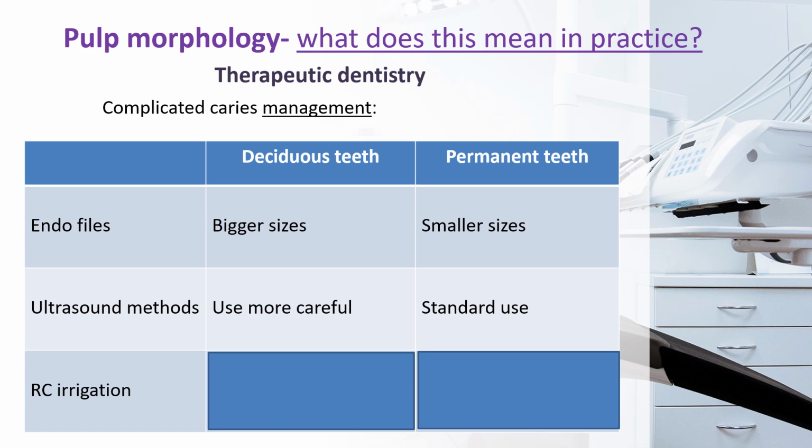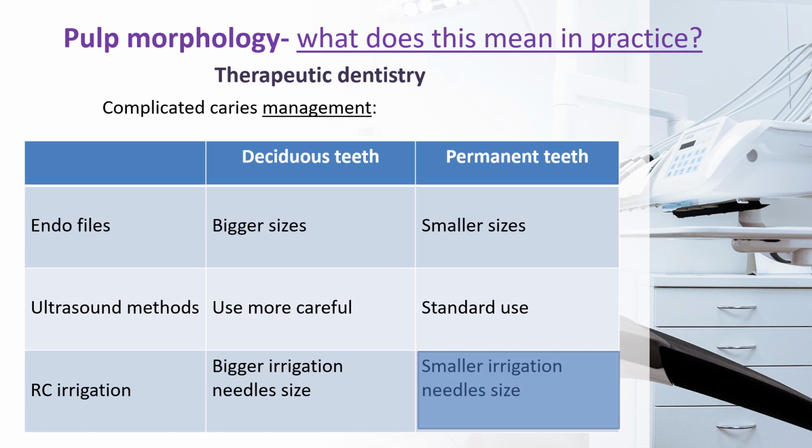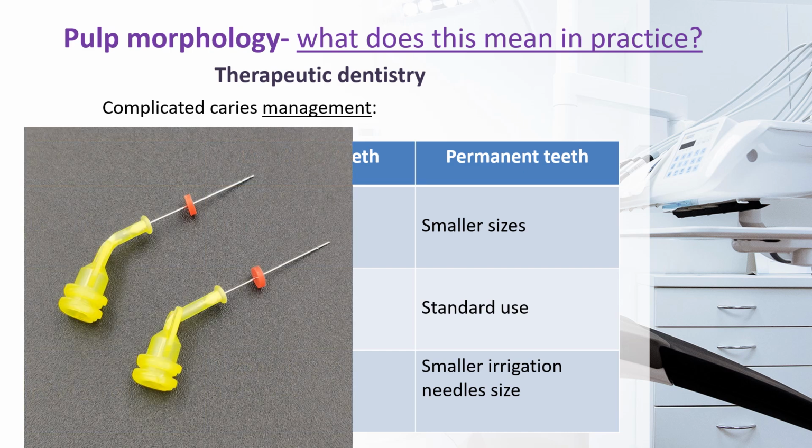And root canal irrigation. We must choose a bigger irrigation needle size for temporary teeth root canal treatment and a smaller irrigation needle size for permanent teeth root canal treatment.